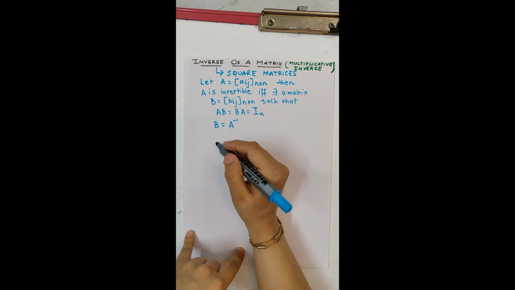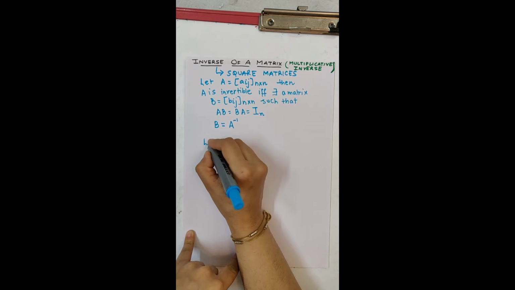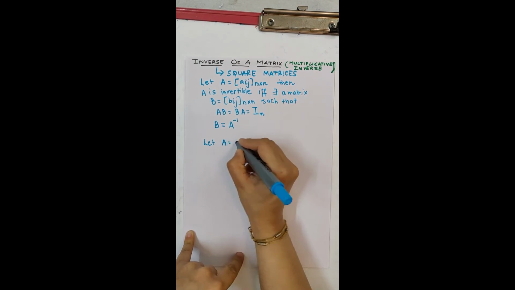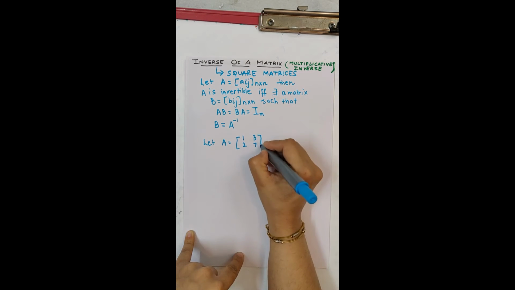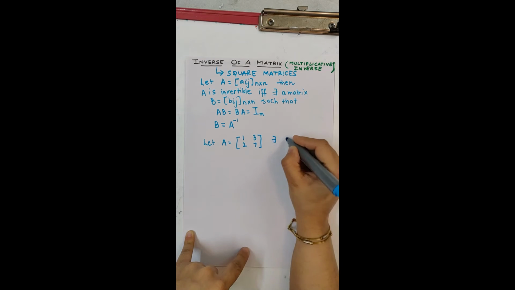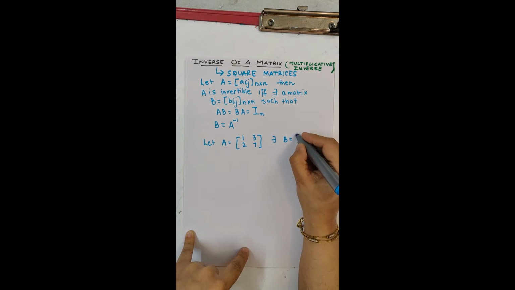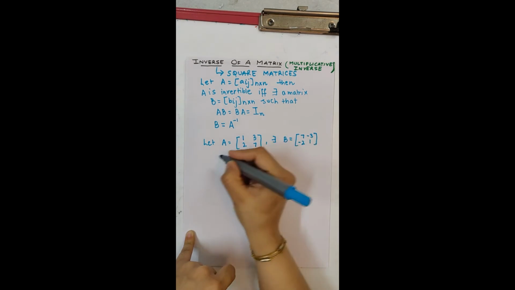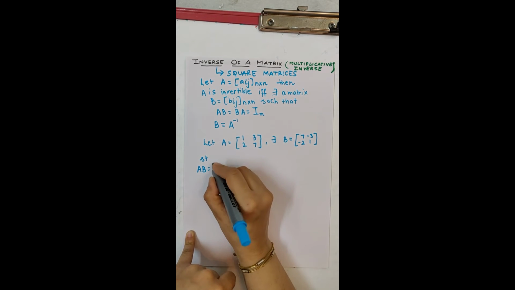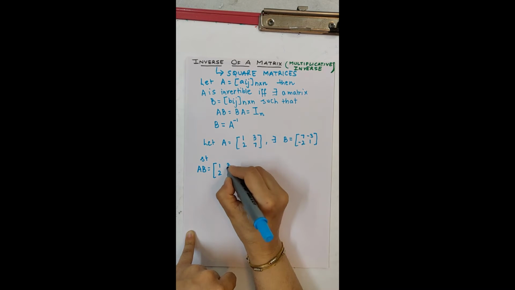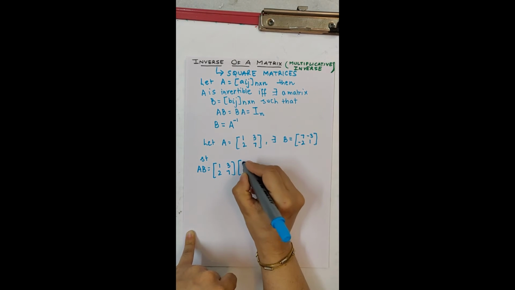Now let us see with the help of an example. Let us take a square matrix A = [1, 2; 3, 7]. Now for this square matrix A, there exists a matrix B = [7, -2; -3, 1], such that A into B is equal to [1, 2; 3, 7] into the matrix [7, -2; -3, 1].